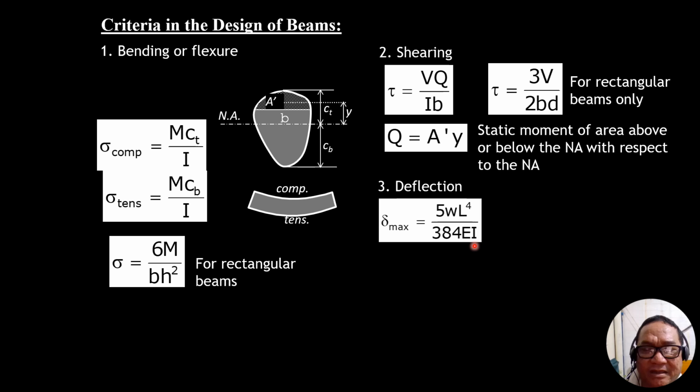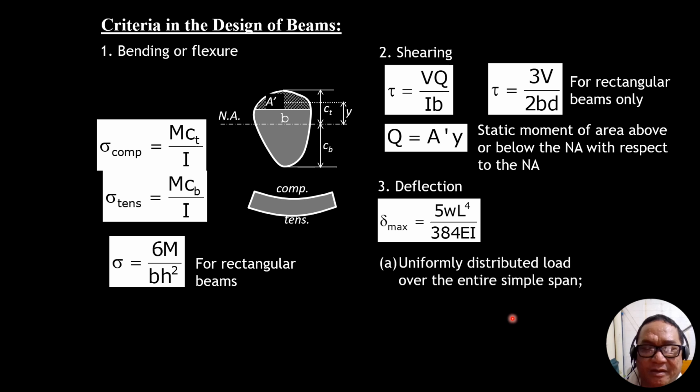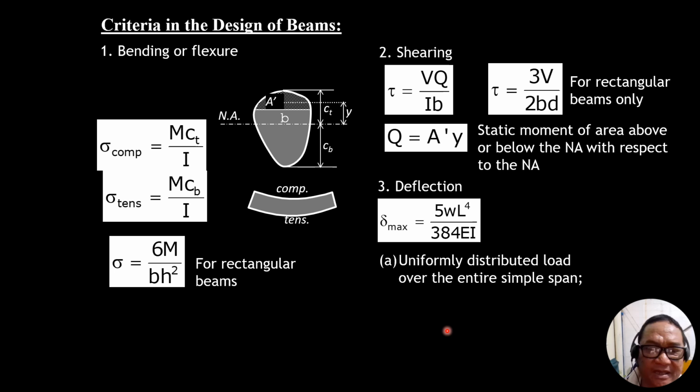I hope that you can recall this from structural analysis or from mechanics of materials, where this formula is derived in multiple ways. So that's for the case of uniformly distributed load over the entire simple span. Likewise, when the beam is simply supported at the ends, and we have a load at the center which is P, then the maximum deflection is PL cubed over 48EI.